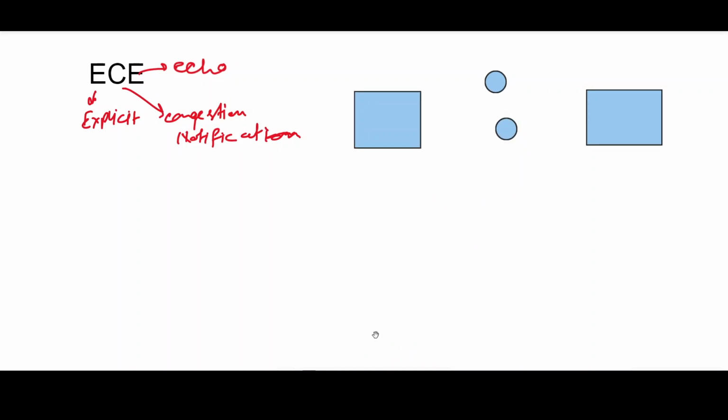This is a sender, this is a receiver, this is R1, this is R2. Now here the sender sends the segment. Maybe there are many segments, each has a sequence number. Now it goes to a router, which selects the path at the network layer, and it passes out and reaches the receiver.